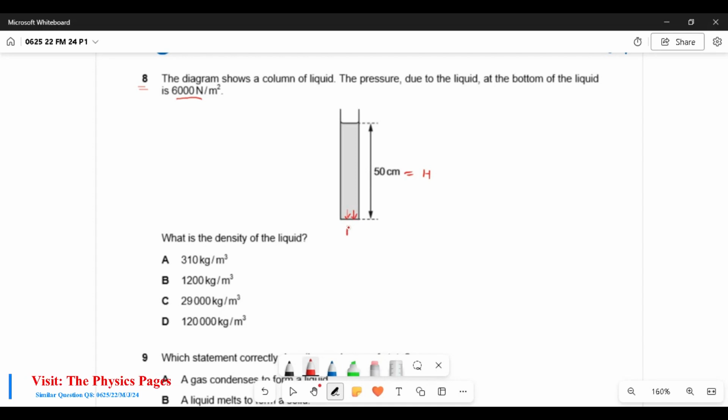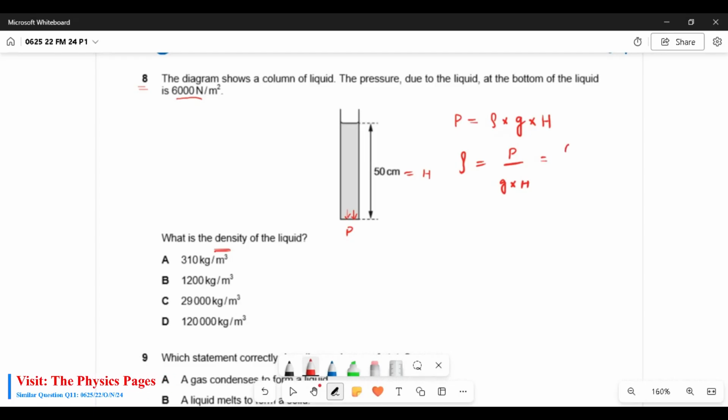That is this. Find the density. We know that pressure is equal to density times gravitational acceleration times height. So if I need the density, which is represented by the symbol rho, it will be pressure divided by gravity times the height.